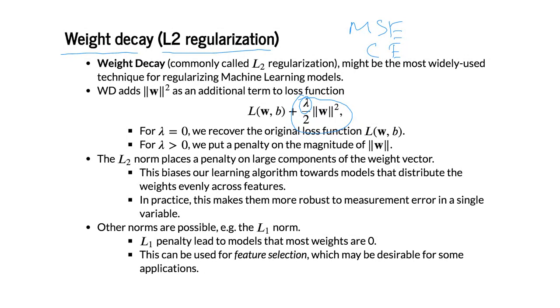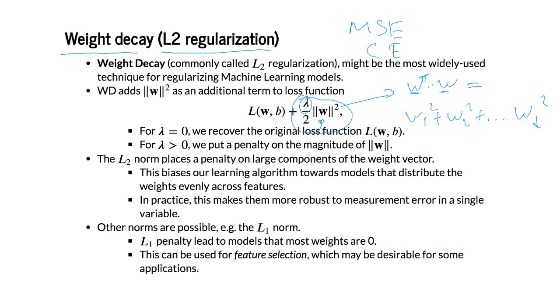So what is this term over here? This term is the L2 norm of the weights. If I expand this, it's W transpose W, which is equal to W1 squared plus W2 squared plus ... plus WD squared, okay? So this is the extra term that I'm adding to my loss function.